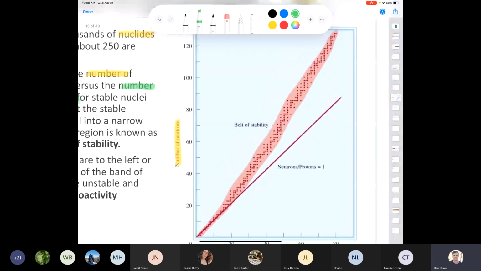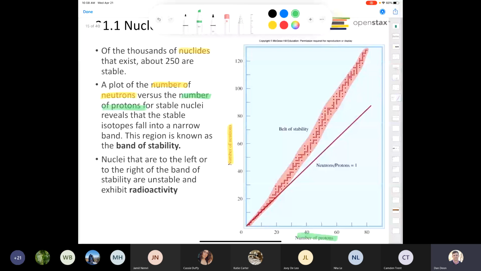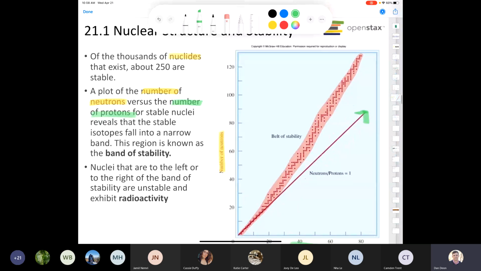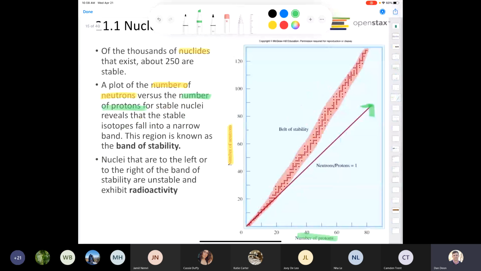If you draw a line for the number of neutrons and protons being a ratio of 1 to 1, we see that the band of stability curves up from that line. What does that tell you? That tells you that when you have really small atoms with lighter nuclei, the ratio of neutrons to protons can be 1 to 1.